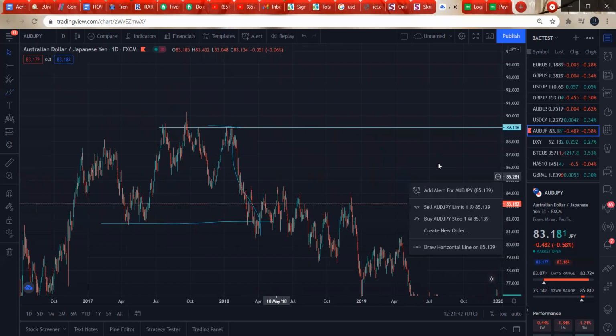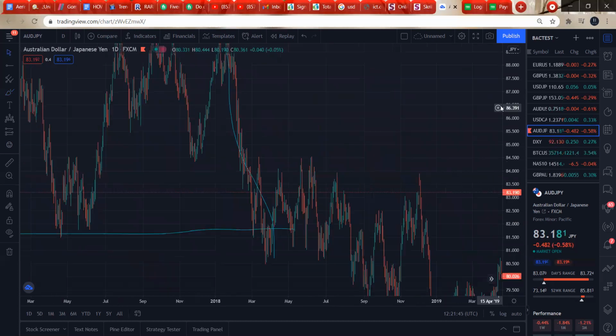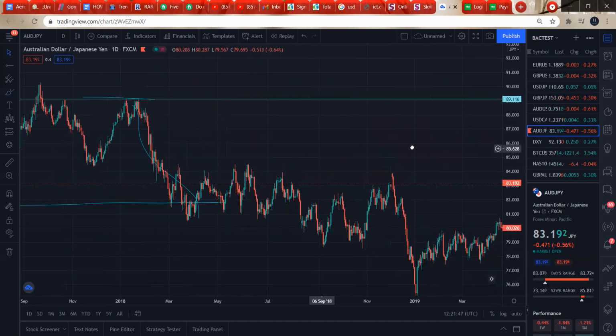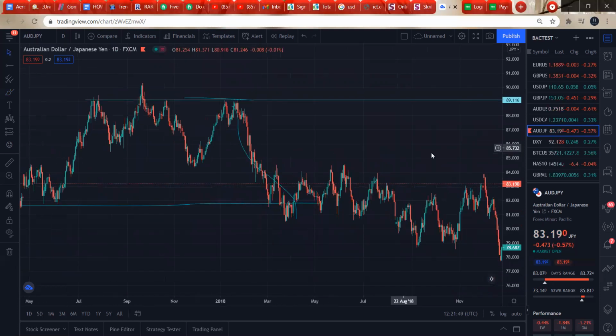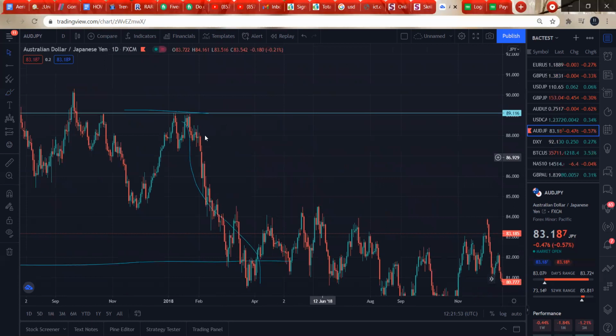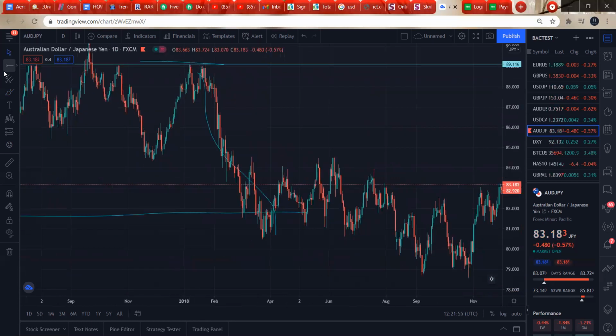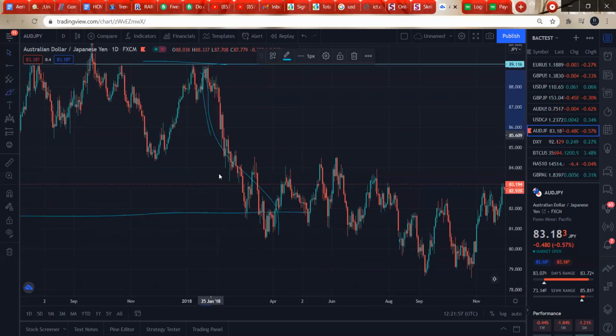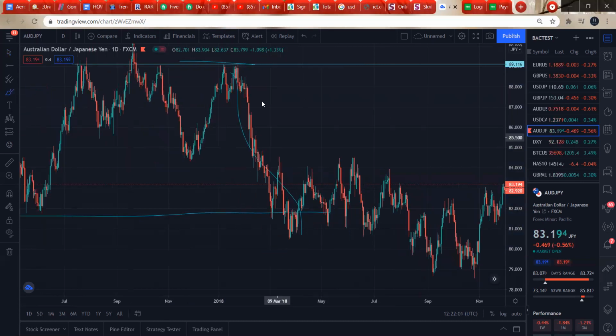So in terms of an order block, let me show you what an order block is. An order block is the last, let's say this is the whole impulse. On this impulse, the order block is the last, if it's going down, if it's selling, it's going to be the last bullish candle before a strong move downwards.